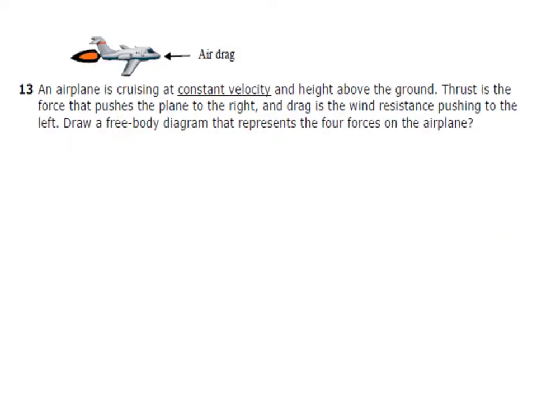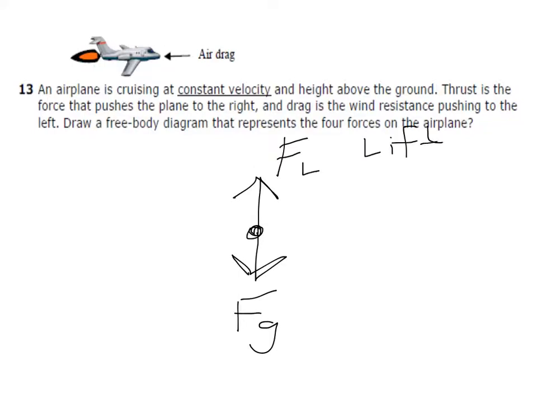Number 13, an airplane is cruising at constant velocity and height above the ground. Thrust is the force that pushes the plane to the right, and drag is the wind resistance pushing to the left. Draw a free body diagram that represents the four forces on the airplane. So I'm going to start with a little dot right here, and I'm going to draw these two forces, and this will be the force of gravity or the force of weight. This right here represents the force of lift. That's what the L stands for, is lift.